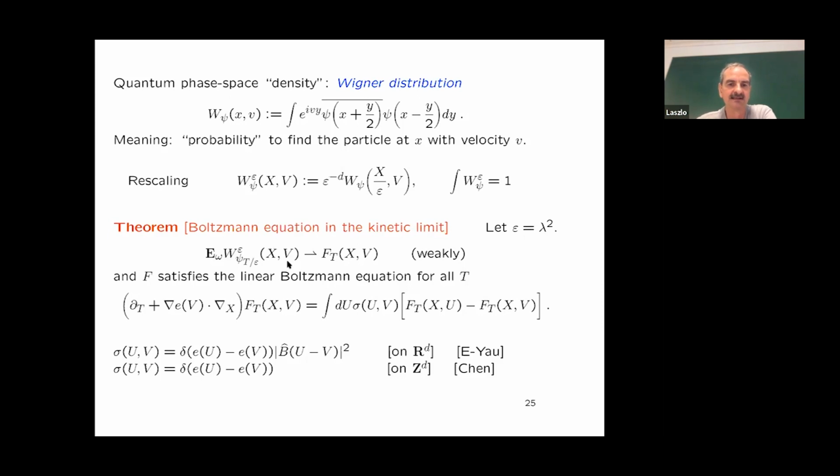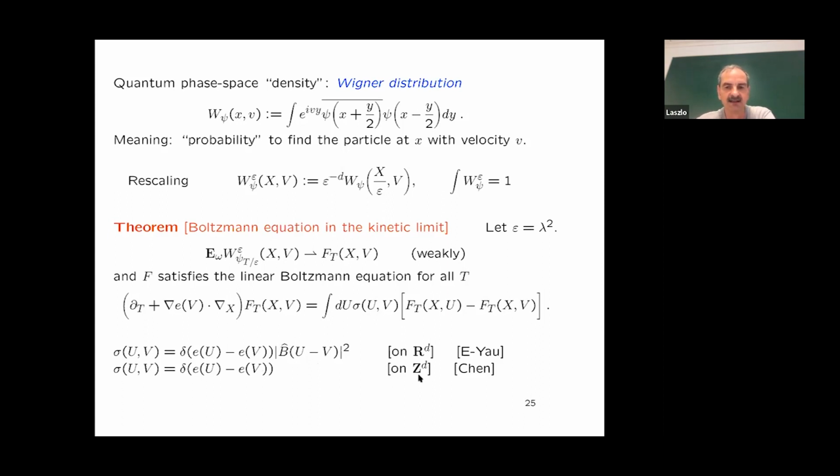And then this Wigner transform, which is a real valued function on the phase space, converges, as epsilon goes to 0, to an epsilon independent function on the phase space, which satisfies the linear Boltzmann equation, with a collision kernel which is given by the microscopic data of the whole problem.